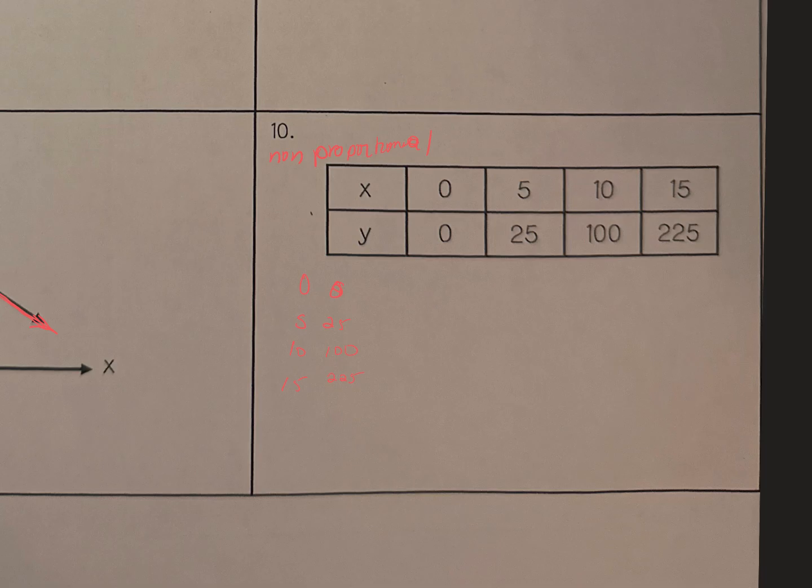Because when you cross multiply, and you should probably check more than one, here 0 times 25 is 0, and 5 times 0 is 0. But when you cross multiply here, 5 times 100 is 500. 10 times 25 is 250. So they are not proportional.